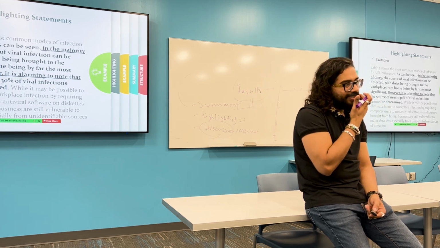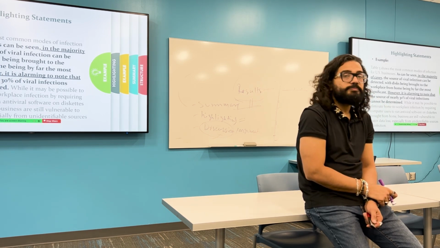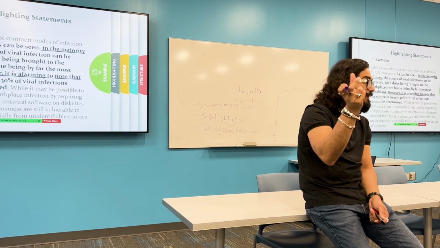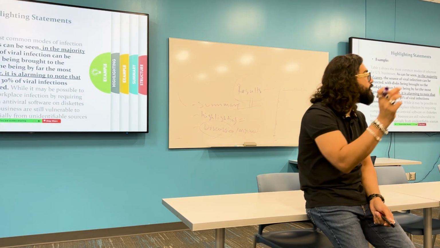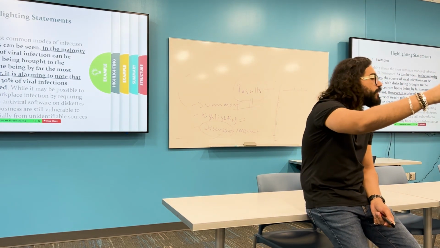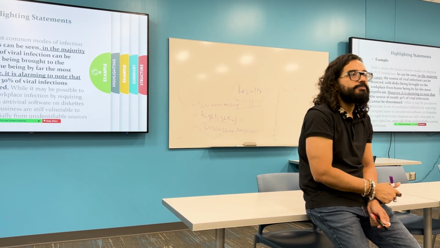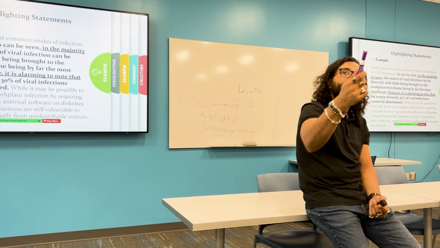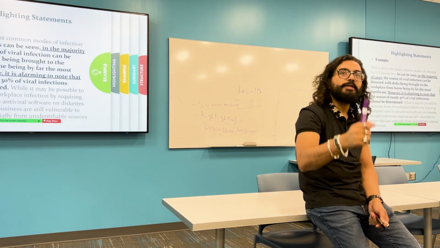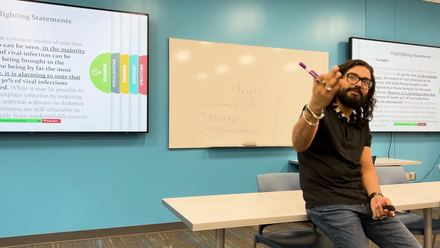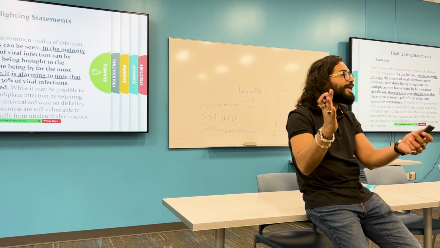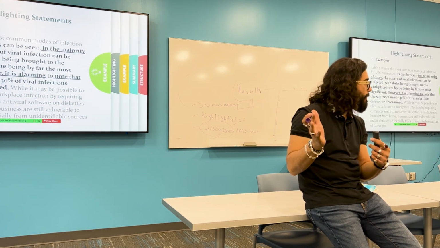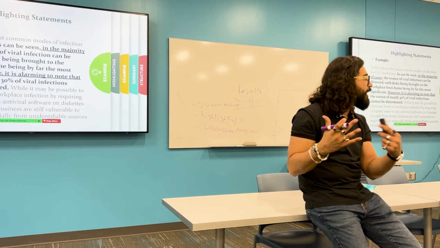As an example, just have a look at this language expression. As can be seen. So we constantly refer back to the data, the graph, the chart, or the table that you have already provided. Every sentence starts with something like table 5 shows that. That's a location statement. The next sentence, the first phrase is as can be seen in the majority of cases. So that means you're summing up, giving a general idea of the data.